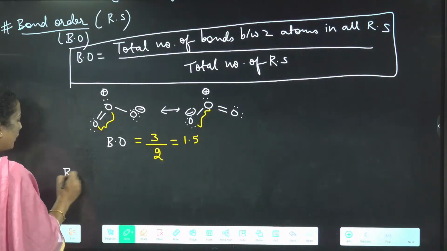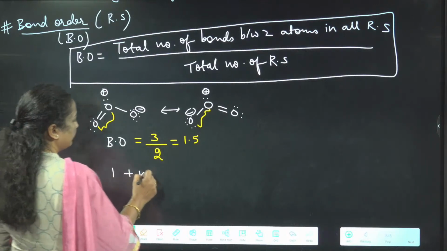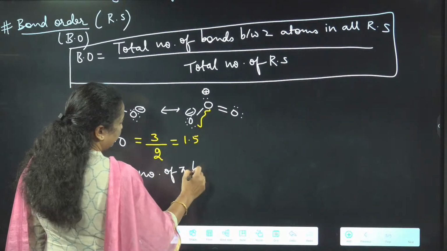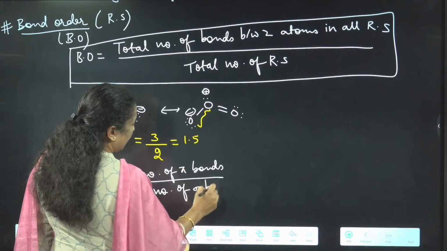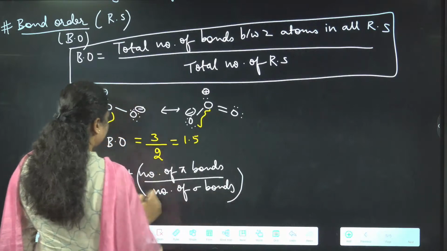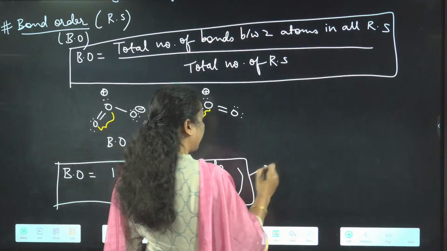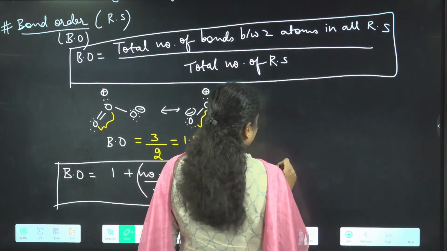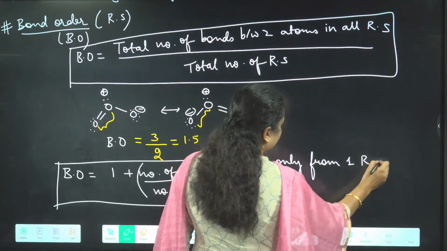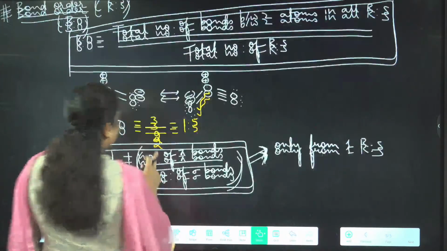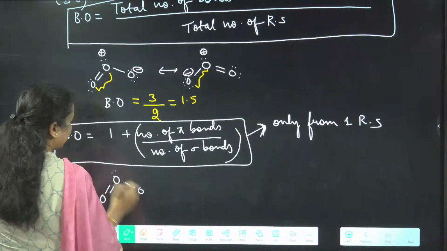Now there is one more formula where you can find out the bond order using only one structure, and that is 1 plus number of pi bonds upon the number of sigma bonds. And please use this in the RS only, not anywhere else, okay? For that I am already telling you the disclaimer. Only from 1 RS. So in this case of O3, check it from 1 RS itself.